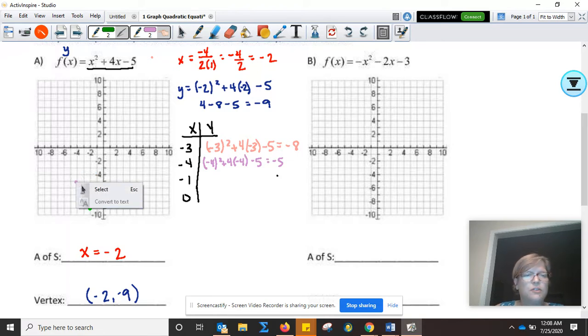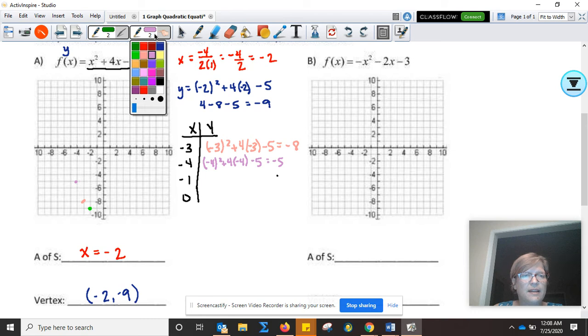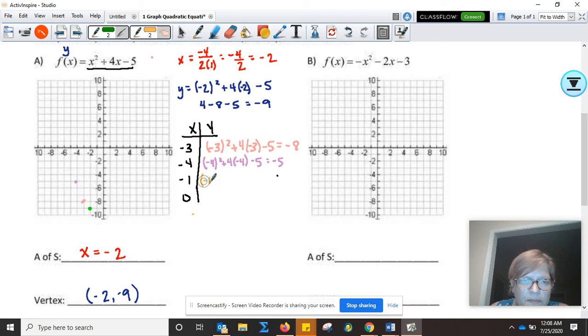Okay, so now we're going to do the same thing with negative 1 and with 0. So we have negative 1 squared plus 4 times negative 1 minus 5. 1 minus 4, so negative 3 minus 5 is negative 8.